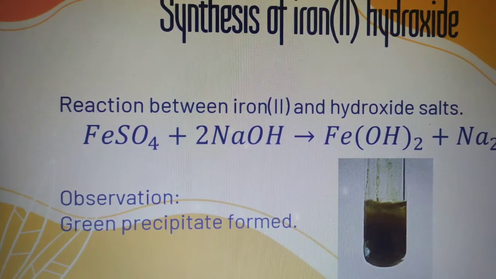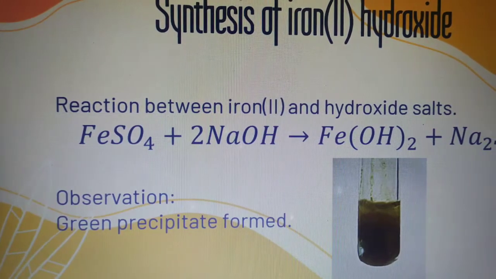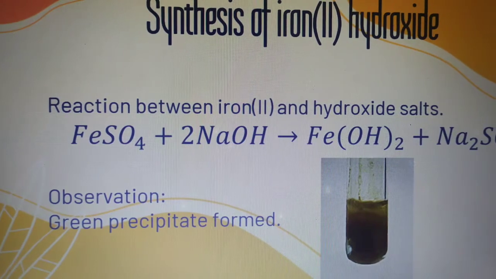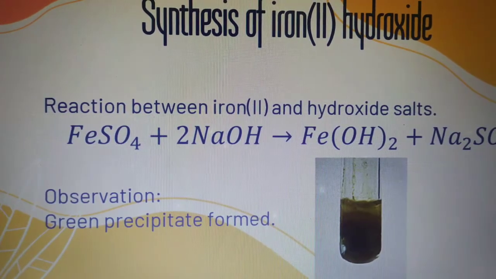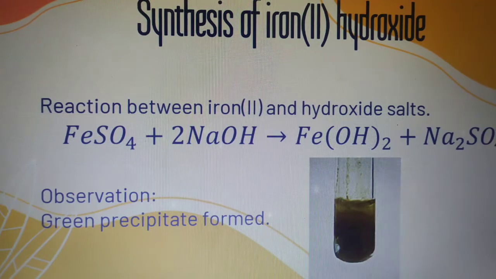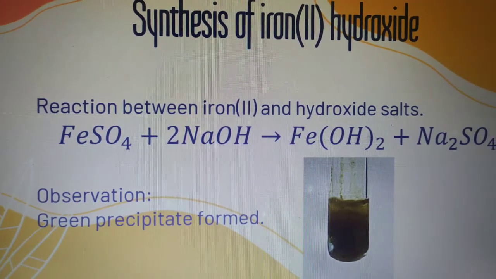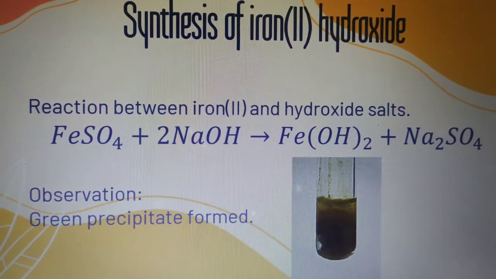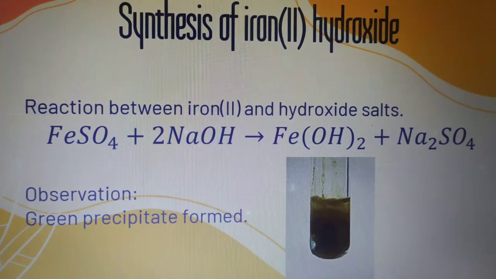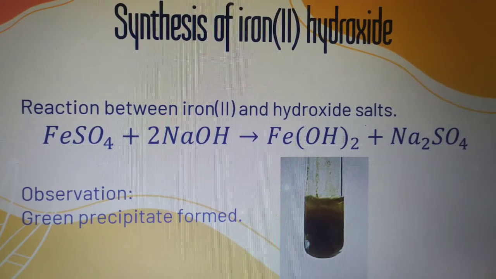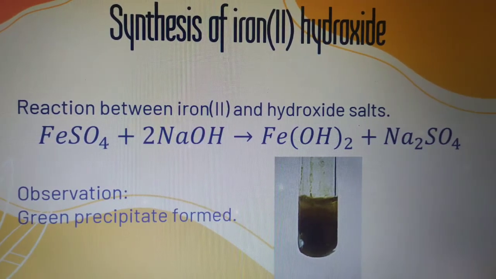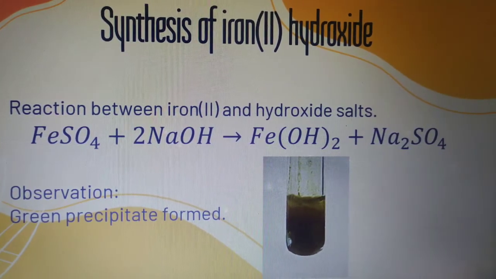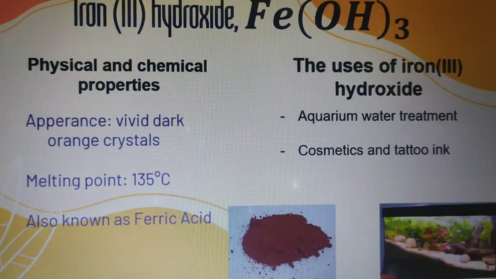In order to form iron 2 hydroxide, we need to react iron 2 salts with hydroxide. For this example, I use iron sulfate reacting with sodium hydroxide to form iron 2 hydroxide with sodium sulfate. As an observation, we can see that a green precipitate is formed. This green precipitate is the iron 2 hydroxide.